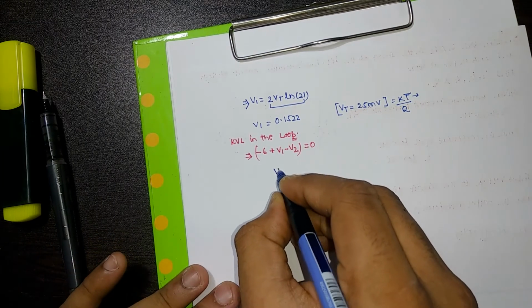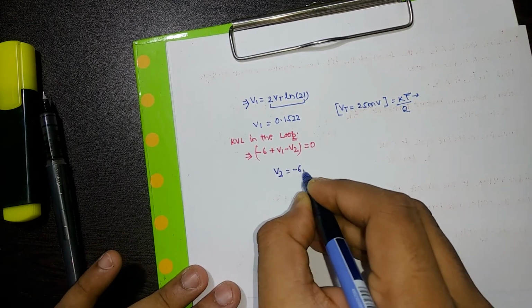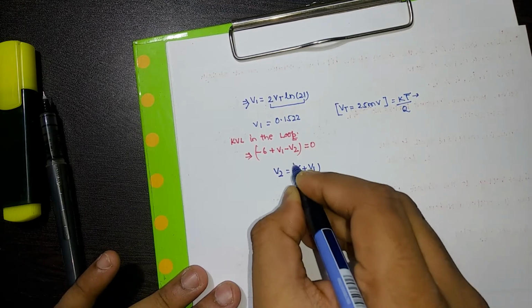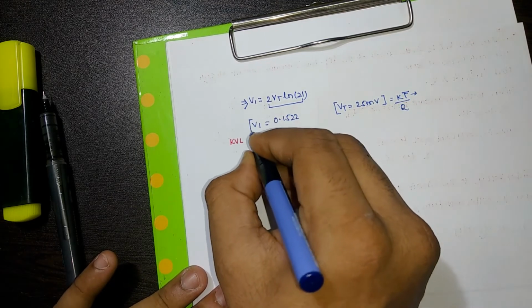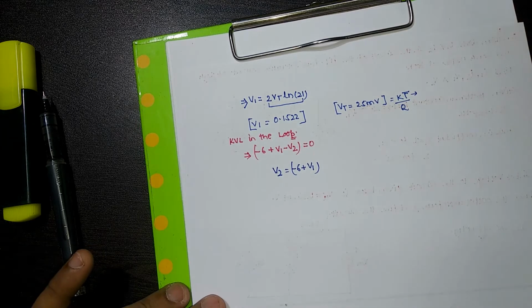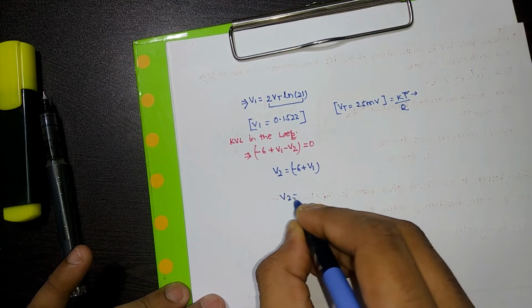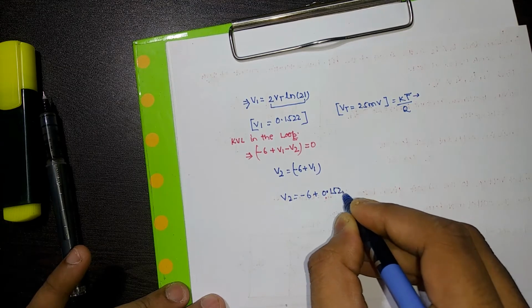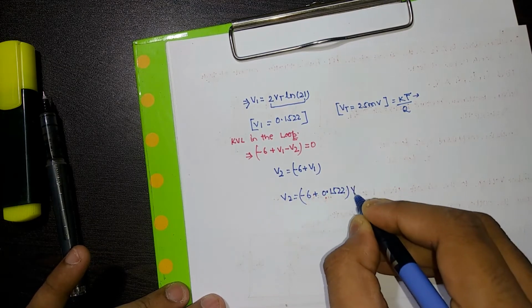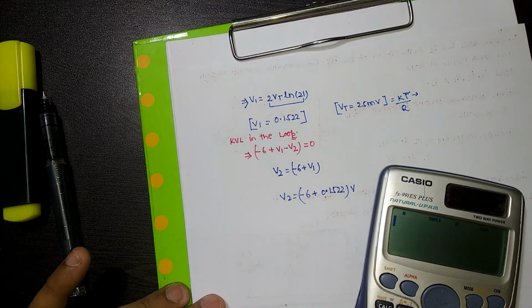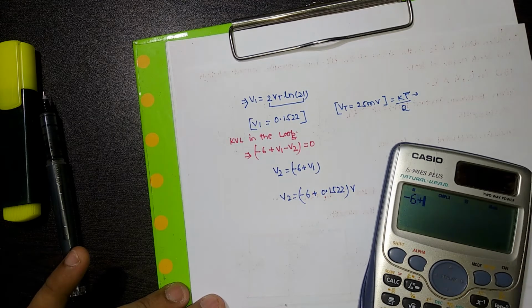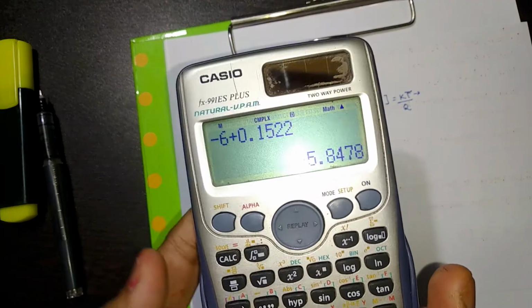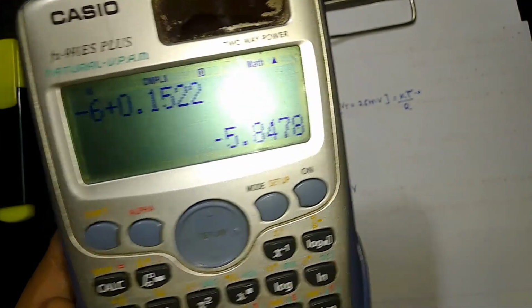From this you can write V2 as minus 6 plus V1. V1 we have already calculated in the first segment. V2 will then be minus 6 plus 0.1522 volt, which gives minus 5.84.